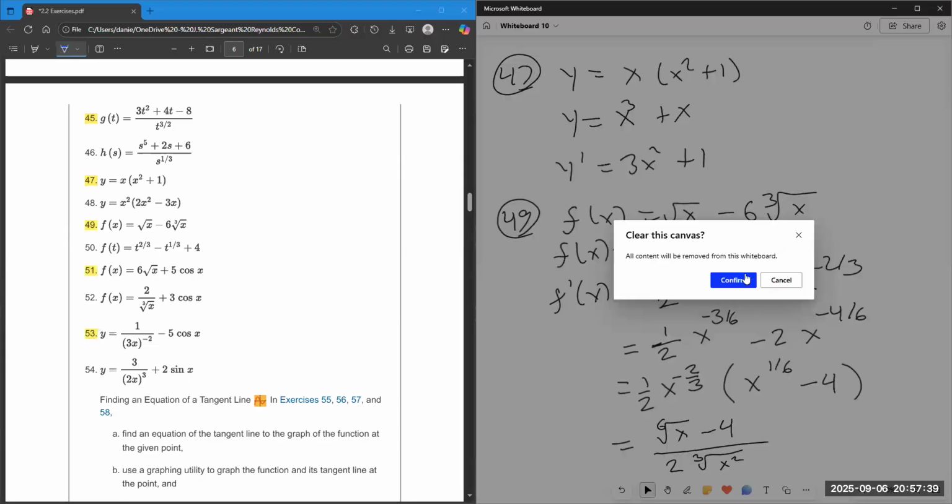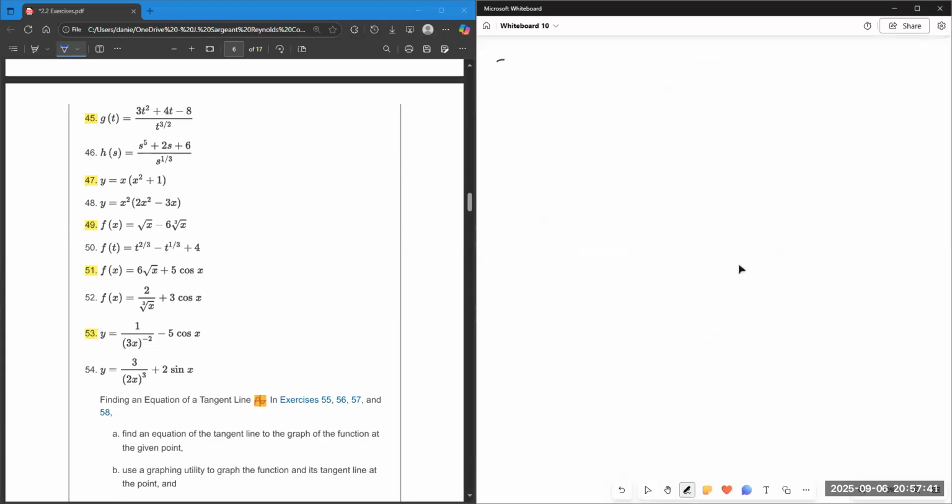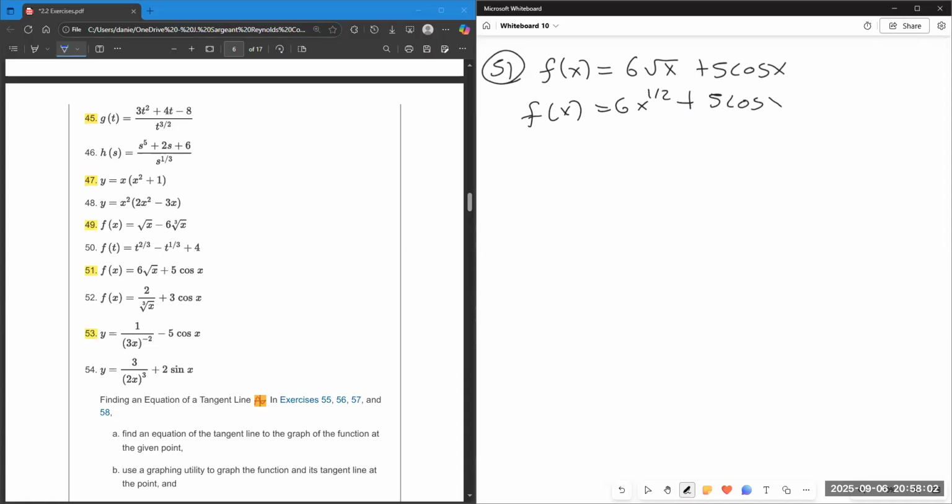Number 51. F of x is equal to 6 root x plus 5 cosine x. F of x is equal to 6x to the 1/2 plus 5 cosine of x.